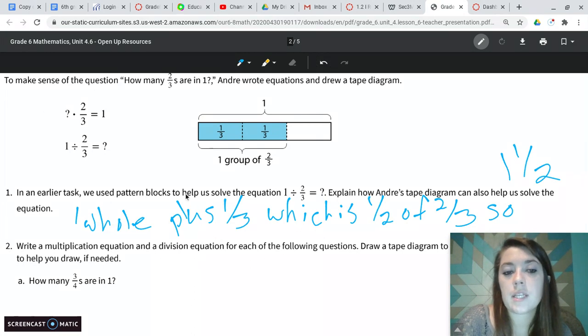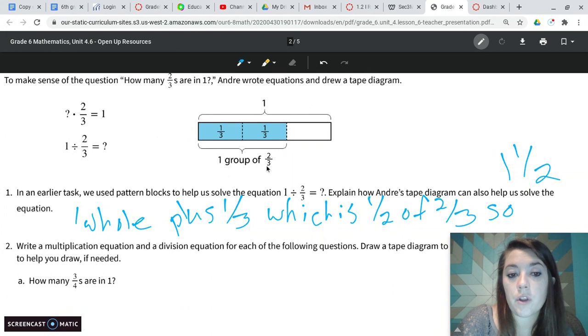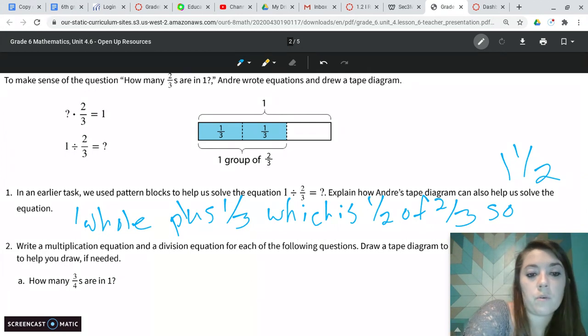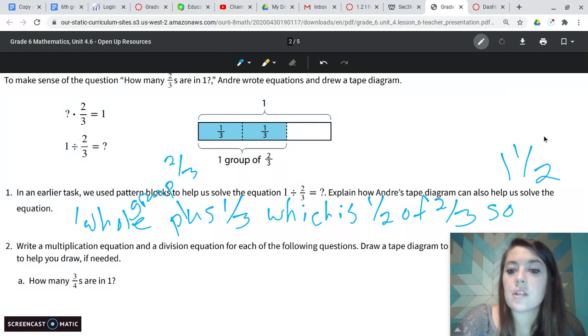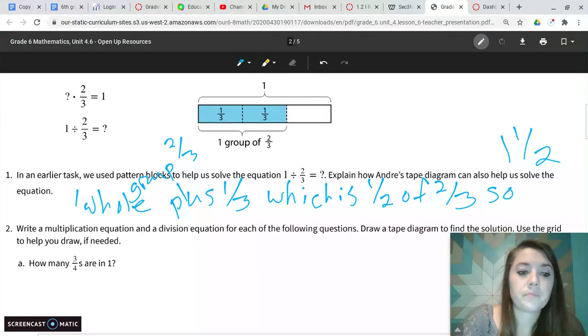So that's how we can use this tape diagram to see that our answer would be 1.5, because we can visually see this 1 whole group of 2/3, plus the 1/3. In order to make 1, if we've got 1/3, 1/3, 1/3, that'd be 3/3, which is a whole. And we know that 1/3 is half of 2/3, so 1 and 1/2 would be our answer.